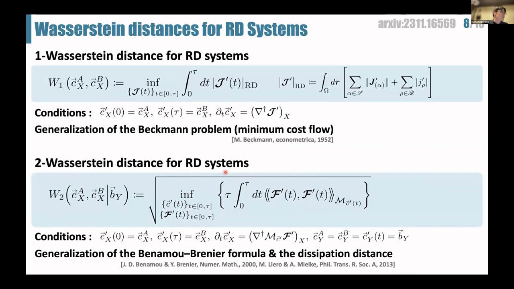And this corresponds to a minimum dissipation problem because this part is the same as the entropy production rate. This is an important point. Anyway, these distances are distances between concentration distributions of internal species.